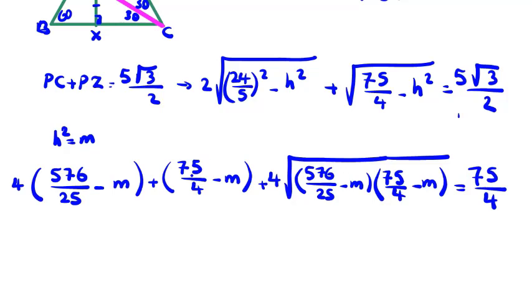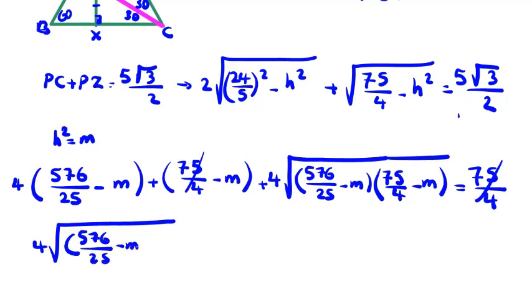We have 75 over 4 here, I can cancel them, and I can take everything on this part still on the left-hand side. It will be 576 over 25 minus m, 75 over 4 minus m, and we take the rest to the right-hand side.